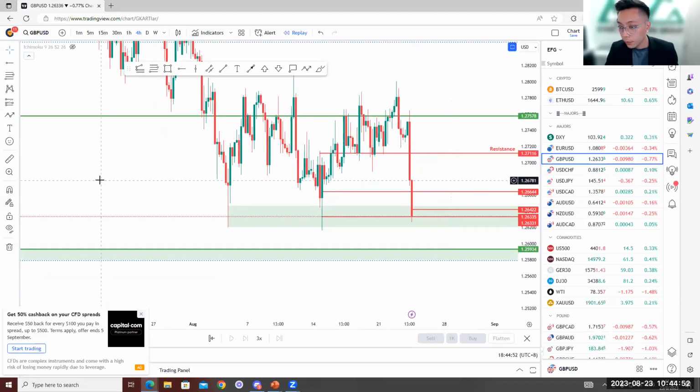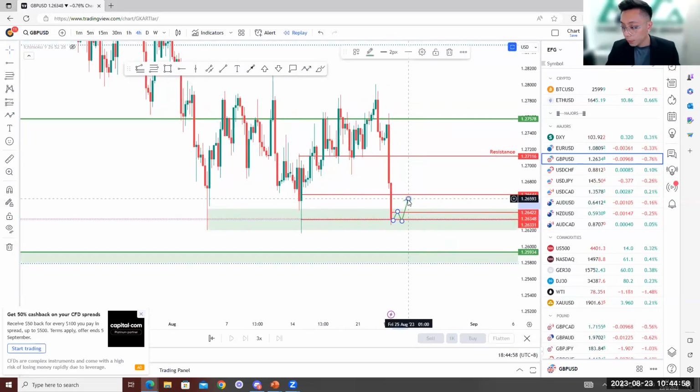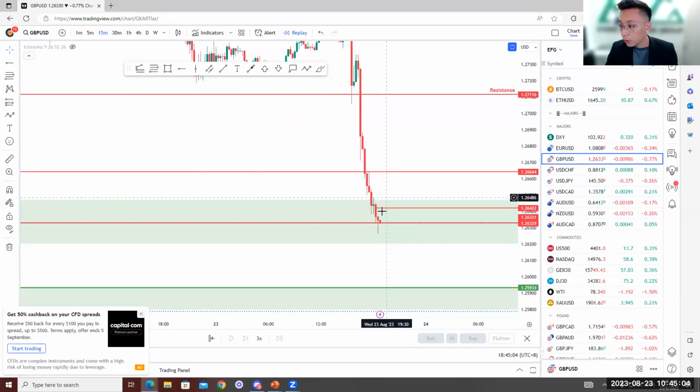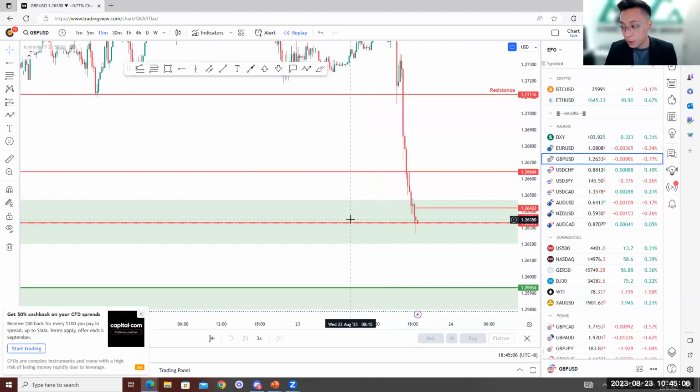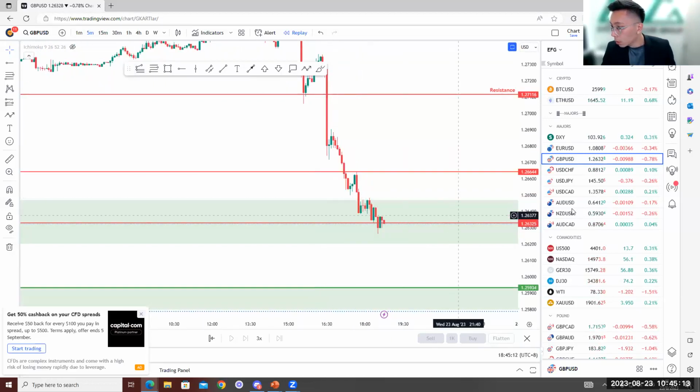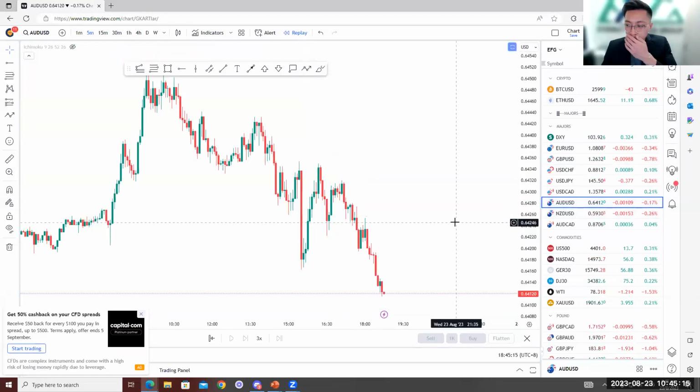Okay, so if I'm looking for a buy trade up here, but the higher time frame is actually very bearish, so I will avoid trying to squeeze in a trade right here. But instead, let's look for another pair.